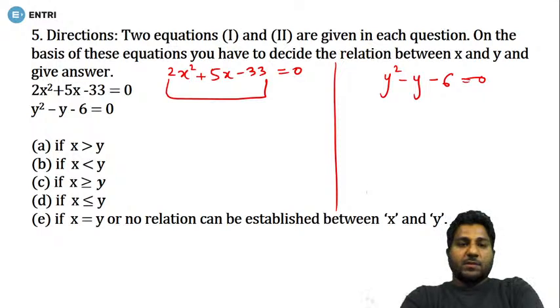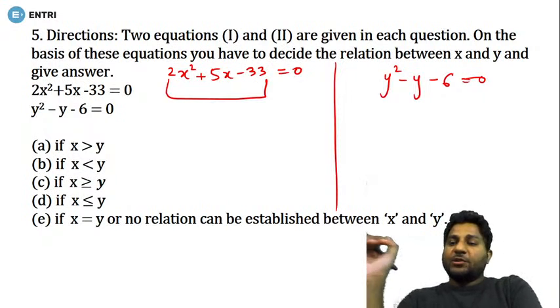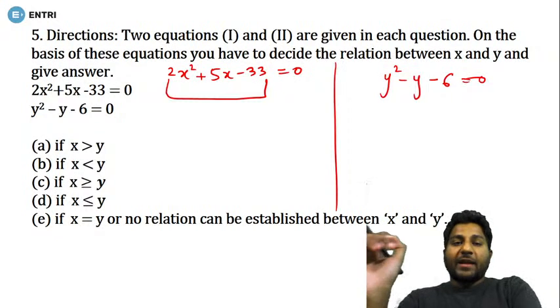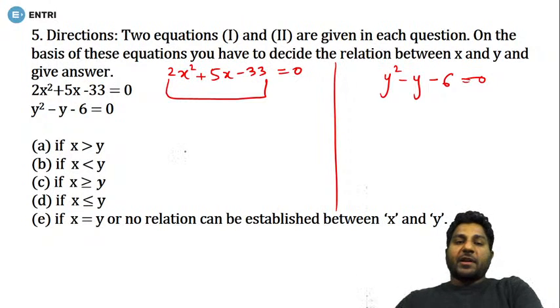E. This one is also E. And remember that you don't have to factor this question, because let me give you a trick.